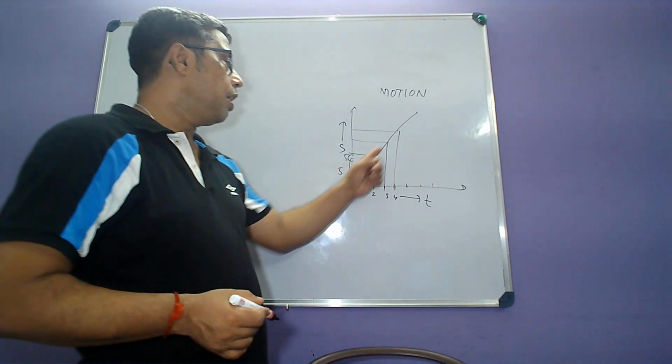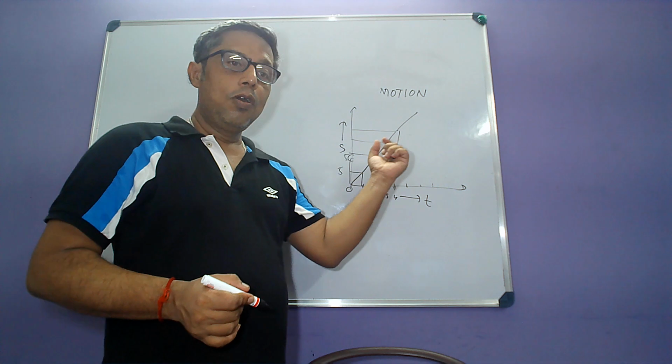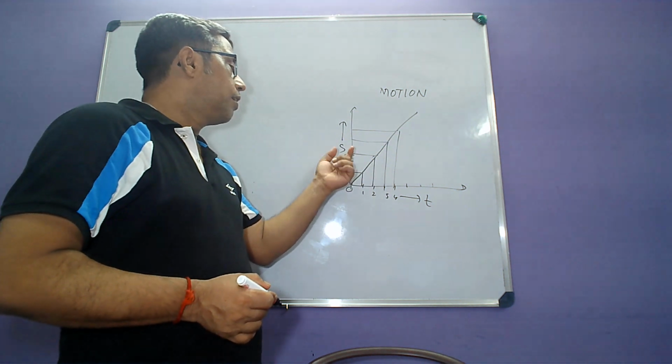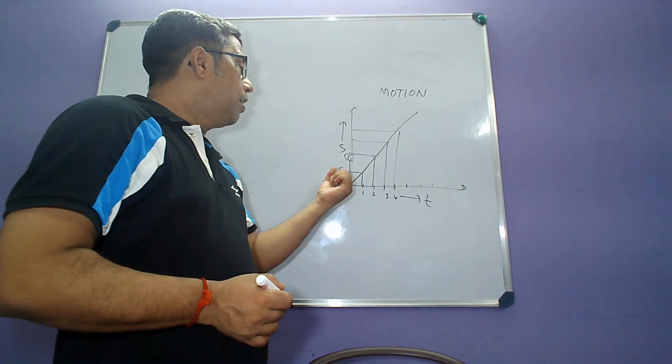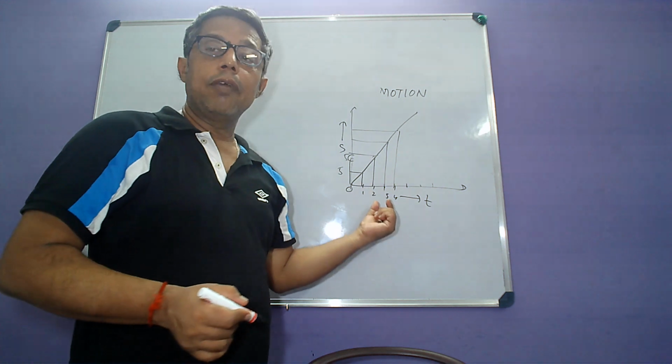Now this straight line, you know that any straight line has a slope. If the straight line has a fixed slope, that means the object is moving equal intervals of distance in equal intervals of time.